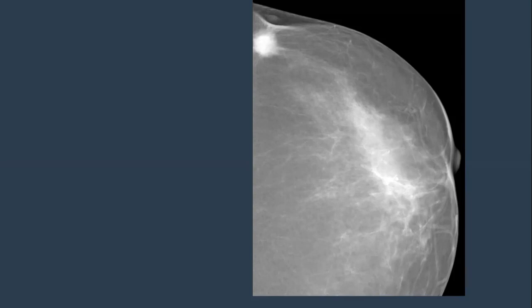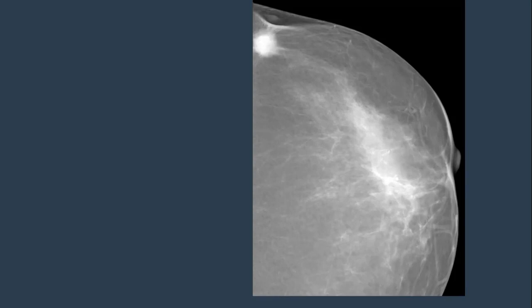Associated with the skin retraction. Yes, it's causing distortion because of the desmoplastic reaction, or the spicules extend to the adjacent skin with thickening, retraction, and dimpling of the skin, resulting in some area of distortion.